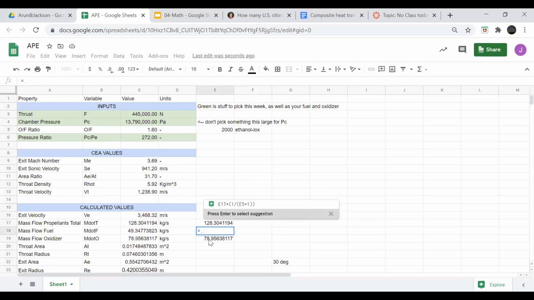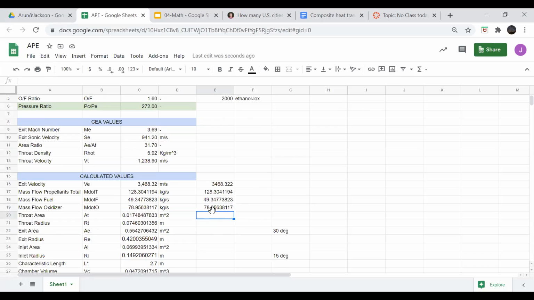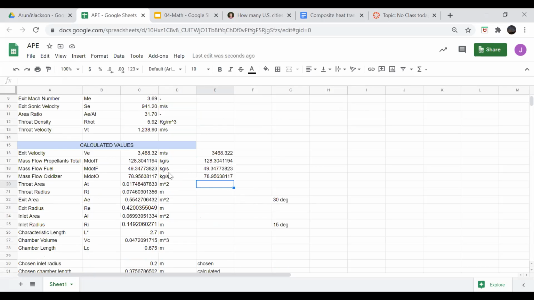Then the fuel is just the total minus the oxidizer: 49.3, yep, that matches. You can calculate either first. The formula for fuel is just 1 over OF plus 1 times the total. So now we've found both mass flows.